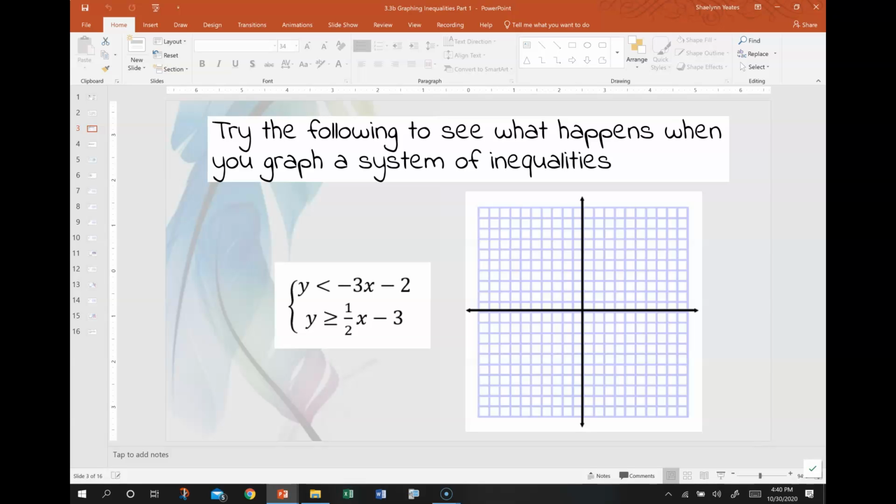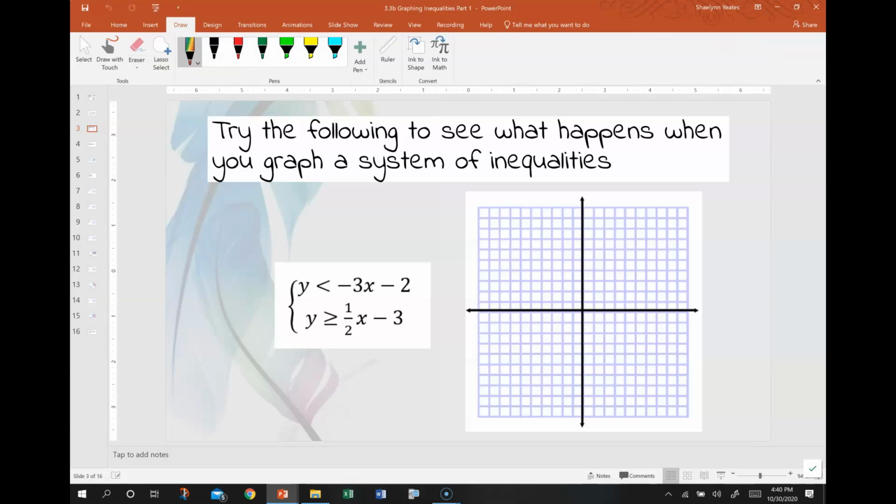So we've got y is less than negative 3x minus 2. So my first step is going to be to graph this. I start at the number with no x, so I start at negative 2. Start right there. Then I'm going to move the slope, which is negative 3, and there's no number underneath, so it's always over 1 when there's no number.